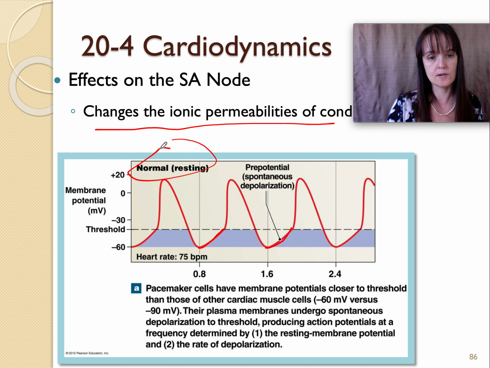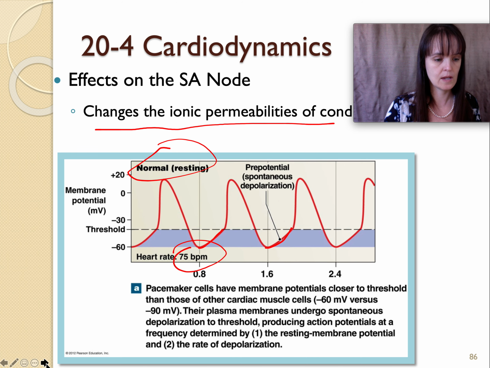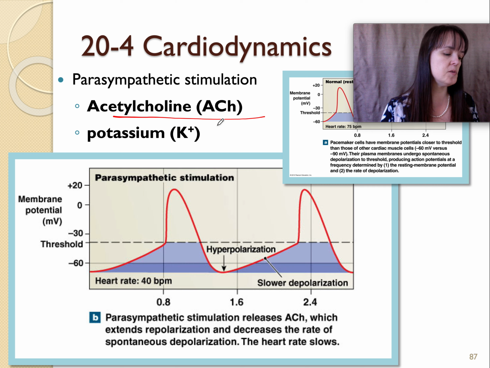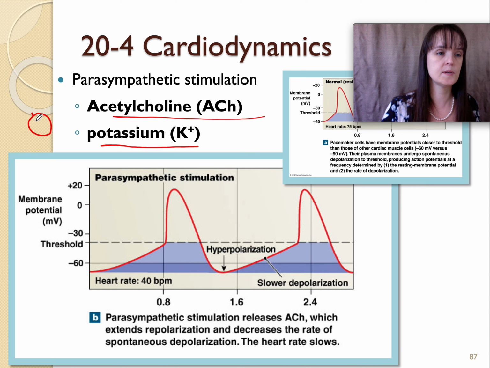So this is our normal at 75 BPM. In parasympathetic, we're constantly releasing acetylcholine, which is ACh, and it opens chemically gated potassium ion channels. So which way does potassium go when you open a potassium ion channel? Sodium, like fools, rushes in, potassium rushes out.